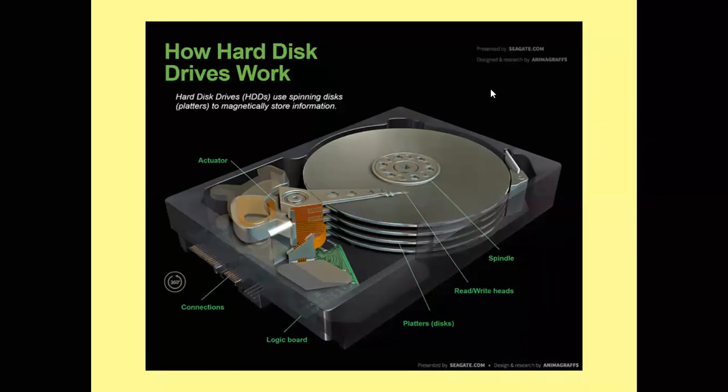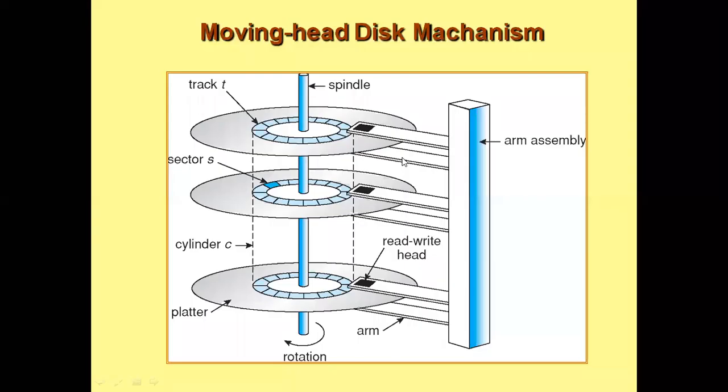You have a structure given in the textbook. As I've discussed, this is the platter. You have 3 platters here, and there is a track shown, and the track is further divided into sectors, and each of the platters has a read write head associated, attached to an arm assembly.